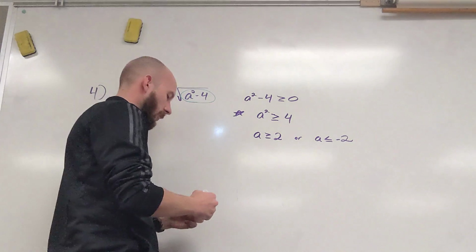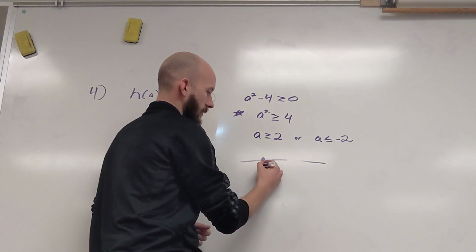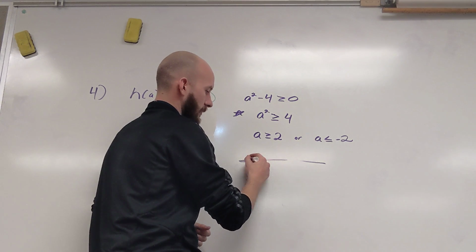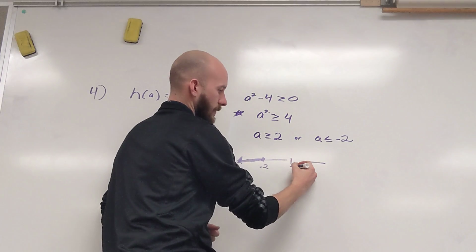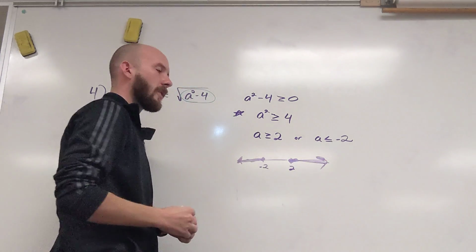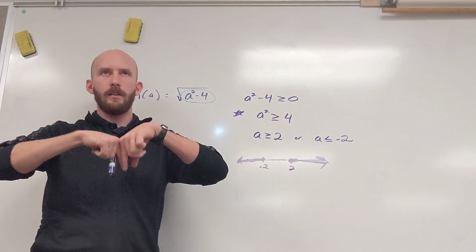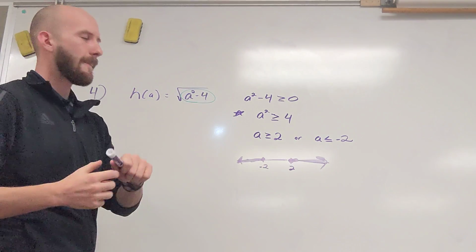Okay. So on a number line, that would look like things over here. And the things over here. It's just not the stuff where the absolute value is less than 2. Okay.